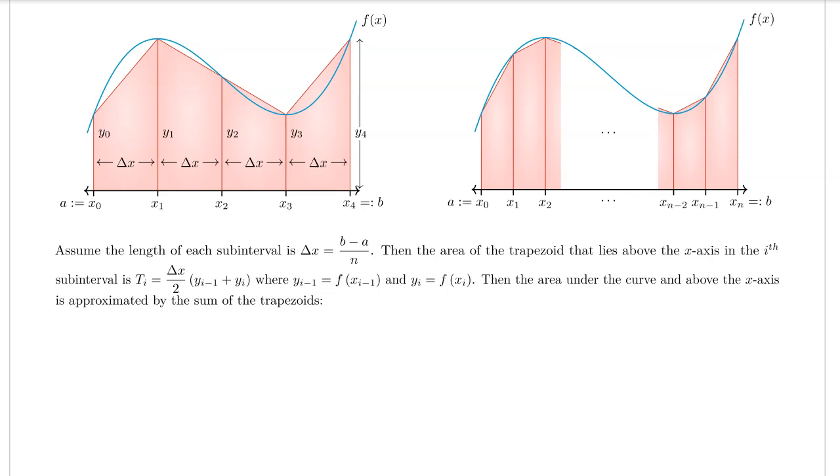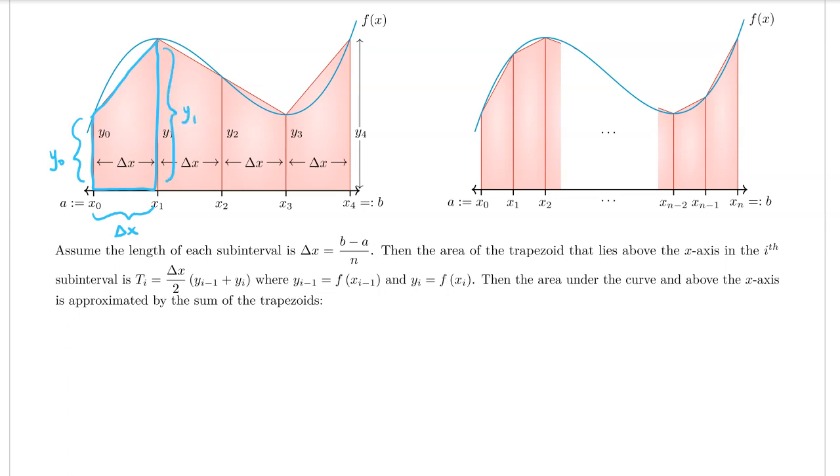So just as a quick reminder, here we have this trapezoid. The way that you find the area of a trapezoid is you multiply the width, which in this case is delta x, by the average of the heights. In this case, this height we would call y sub 0, and this height here is y sub 1.